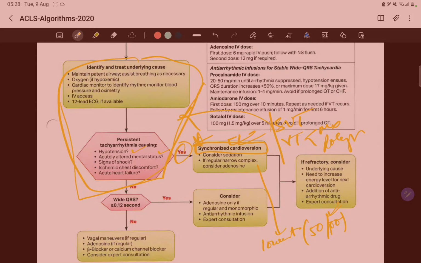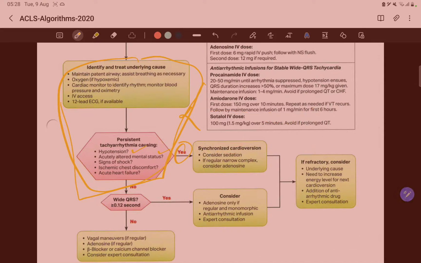But now the guidelines say that you can start with the lowest. We can start with 100 also in clinical settings, right? In the theory part we can say that we start with 50, then 70, then 100, then 150, then 200. So we have to increase the dose, and also we have to sync. So we have to give a synchronized cardioversion.